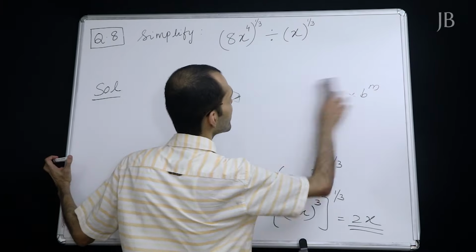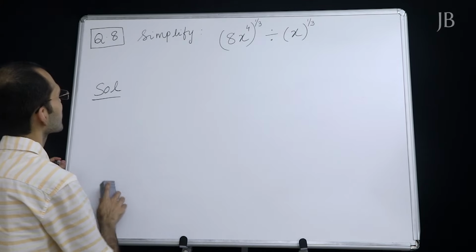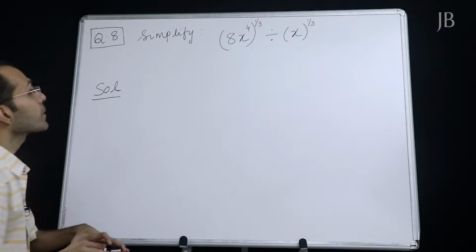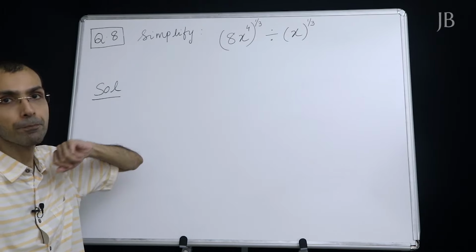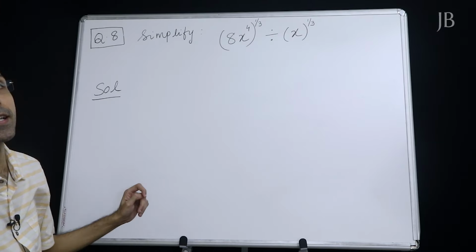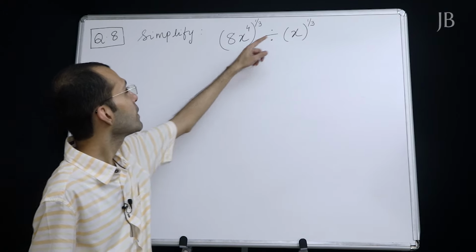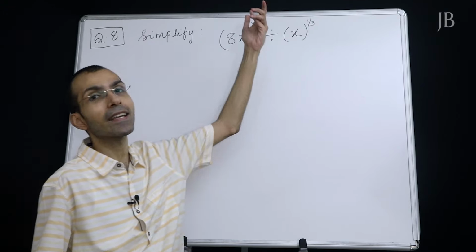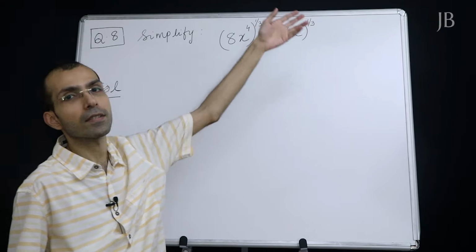Let us see if there is any other way in which we can think. Now here luckily powers were same, 1 by 3, 1 by 3. What if the powers were different? Then we had to simplify this and this separately and then take it. This x and all would be there, but I am talking about the powers.